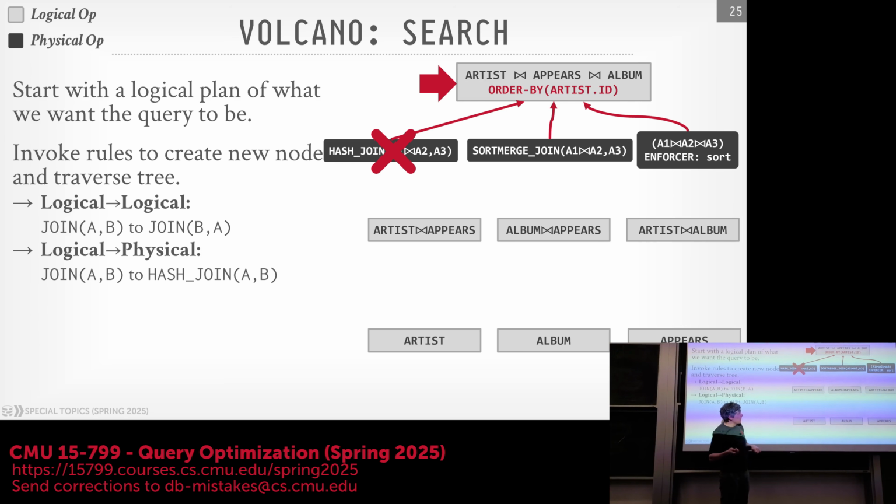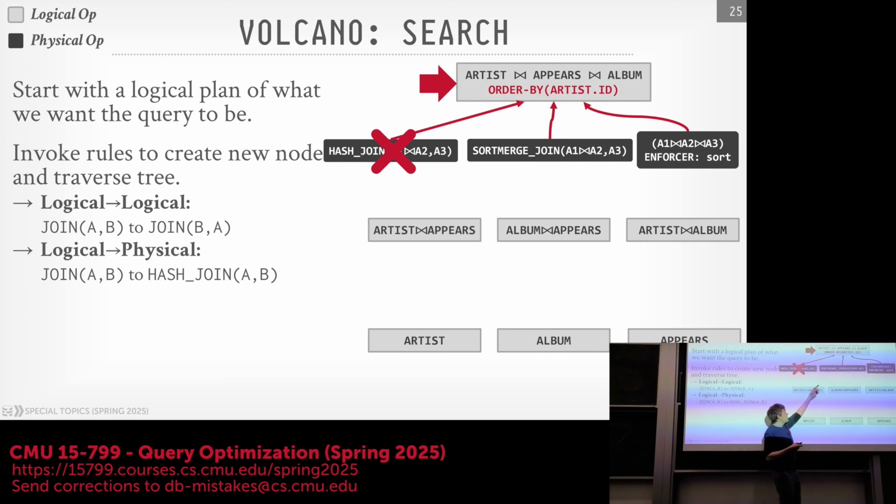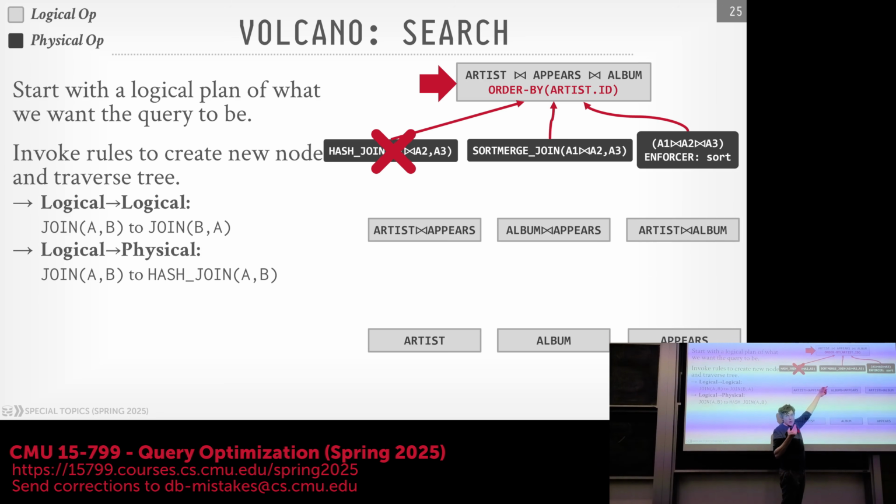So we just ignore the hash join. But at this point here, I'm cheating and say instead of a merge join, it's a sort merge join. So the sort is built into the join operator. But that's going to guarantee my output. And then this enforcer, I don't know what is actually below it, but I know it's going to guarantee my data is actually sorted. Yes?